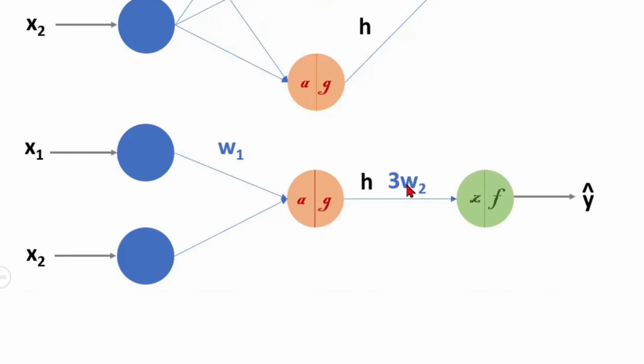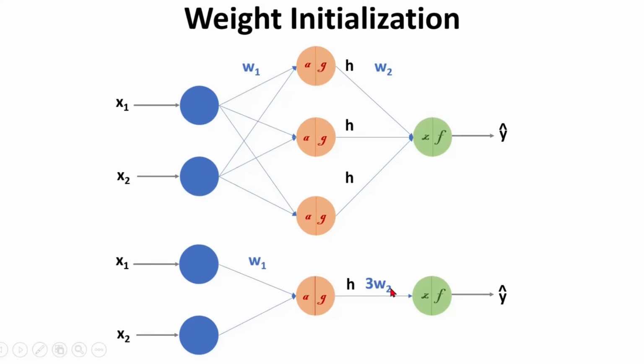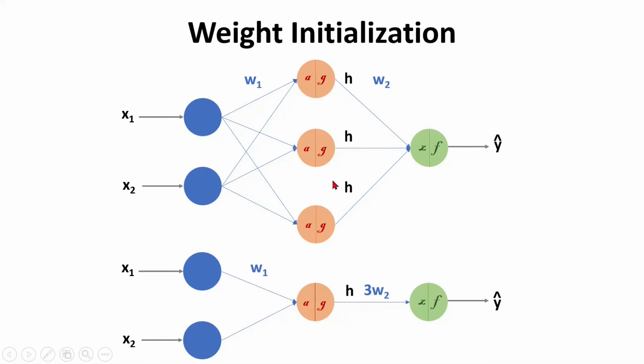Instead of looking at 3 different neurons, we are looking at just one neuron. All we've done is that instead of looking at these weights as W2s coming through 3 connections, we've made it just one connection which weighs 3W2. While we took a simple example of 3 neurons, you can imagine even if you had 100 neurons here, those 100 neurons could be reduced down to just one single neuron.